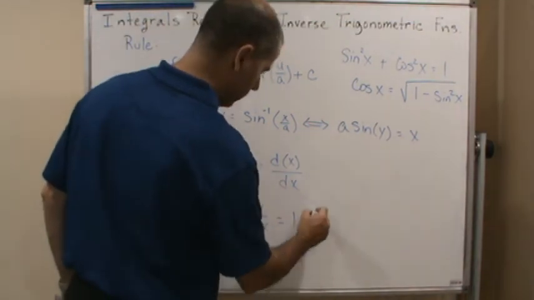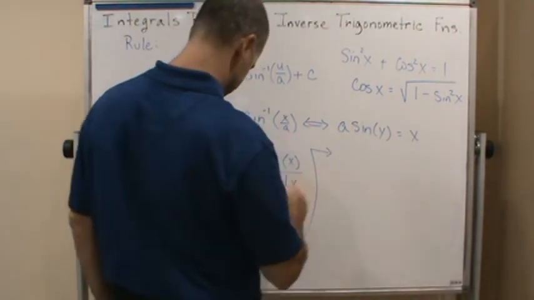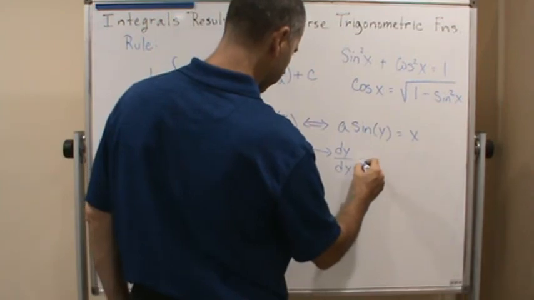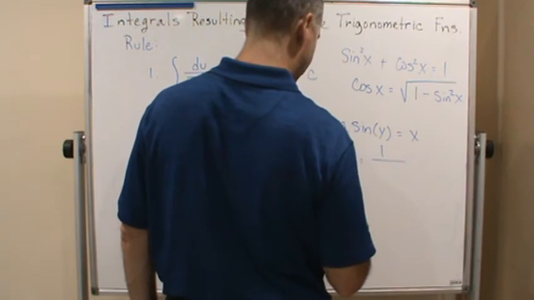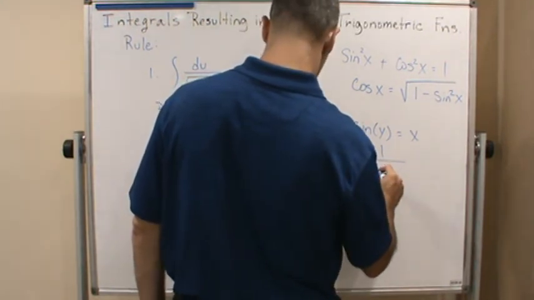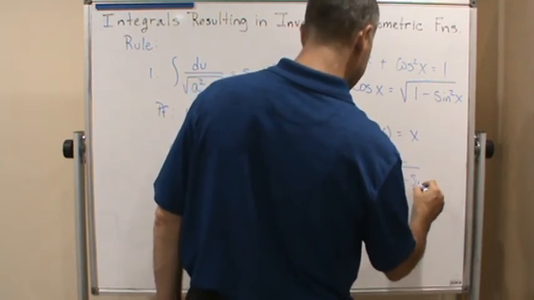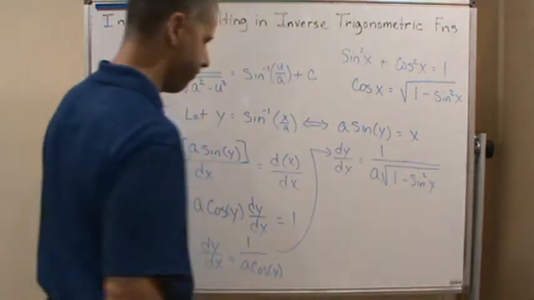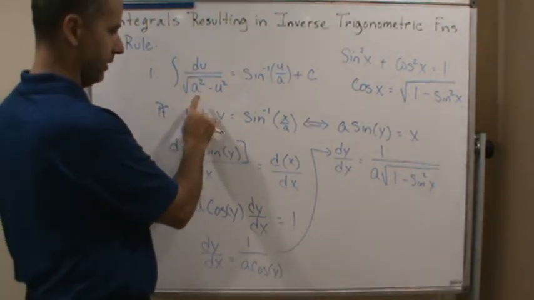So dy dx equals 1 over a times the square root of 1 minus sine squared y. Now it's starting to look like this.